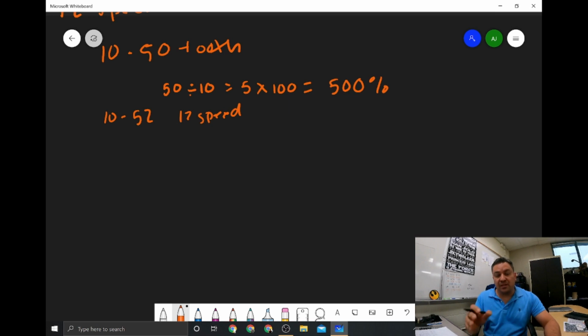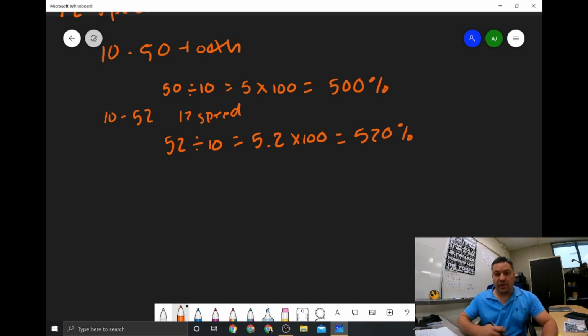The number of speeds really doesn't matter, it doesn't have any effect in this formula. So for this one, I'm gonna do 52 tooth divided by 10, which is the smallest cog. That's gonna be 5.2. Then you take that number and multiply by 100. So in this one, I have a 520% gear range.